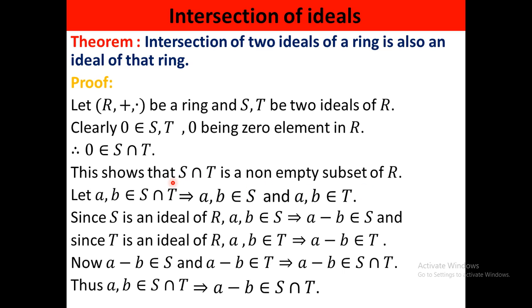Here we cannot consider S intersection T as a subring, but it is also a subring, because we know that the intersection of two subrings is also a subring. But we don't consider that case. Here we consider S intersection T as a non-empty subset of the ring R.